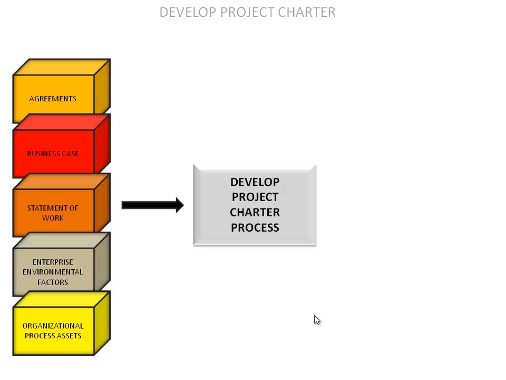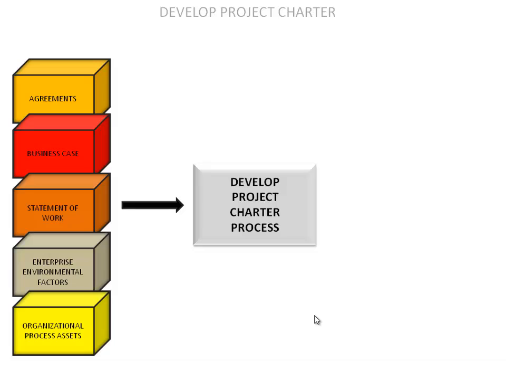For your exam, I would expect you to know easily agreement, business case, and statement of work. I expect you to know what they look like. I expect you to know the difference between a statement of work and a scope baseline, the difference between a scope baseline and a WBS, the difference between a scope baseline and a project scope statement.